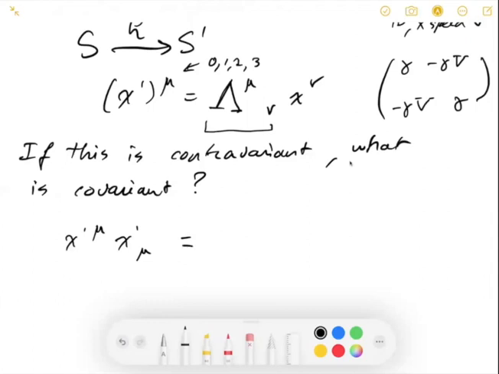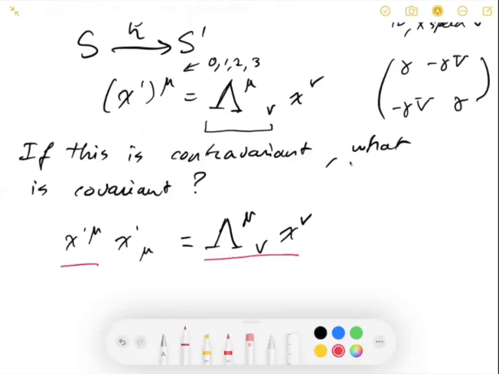Let me do this the other way around. We know how the contravariant 4-vector transforms, because it goes with this Lorentz transform, times x nu. That's the first part.